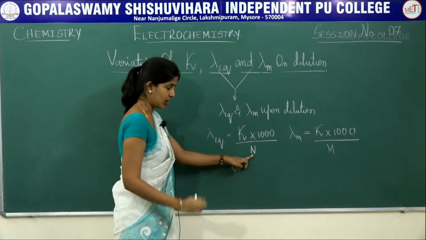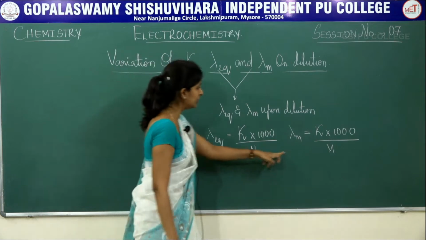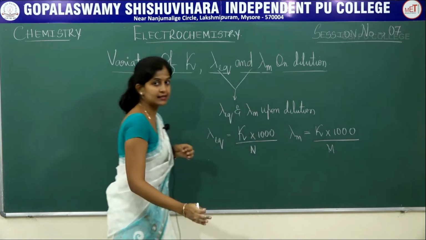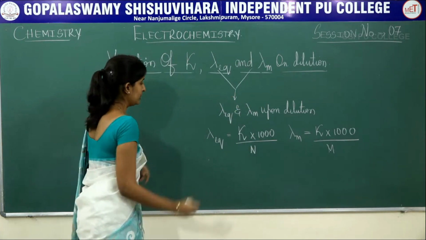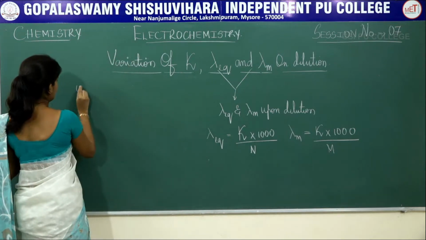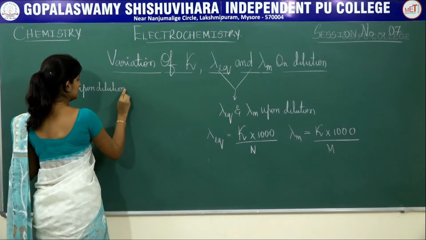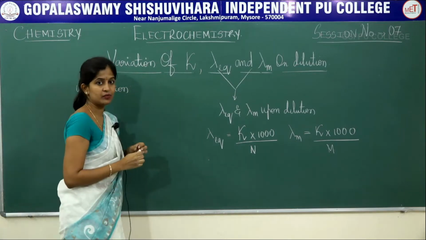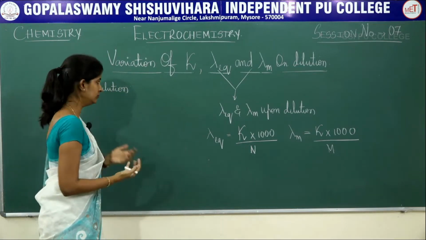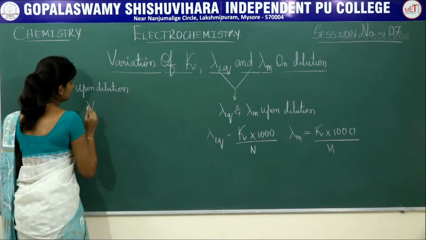What is N? Normality, that is nothing but a concentration term. What is M? Molarity, it is nothing but a concentration term. Now let us see upon dilution. Dilution means you are adding more and more water. What happens to volume?